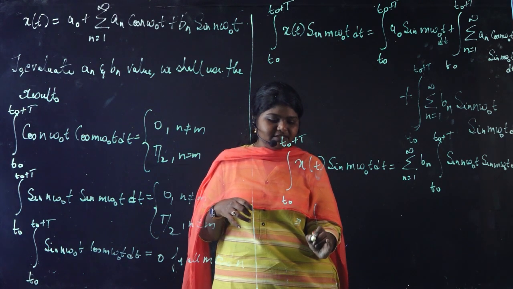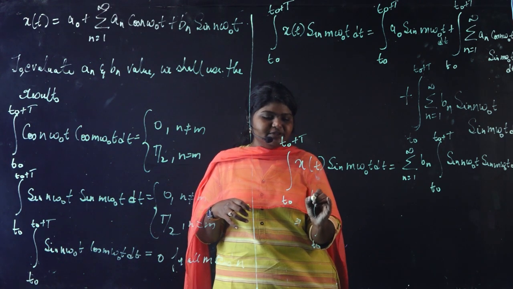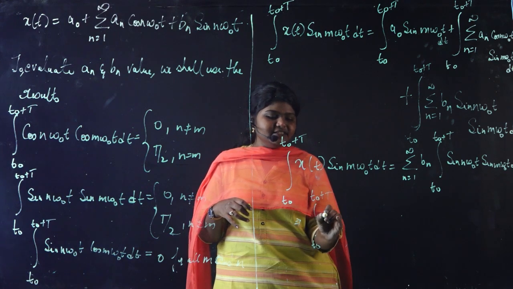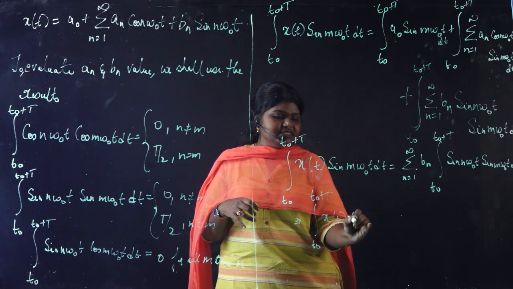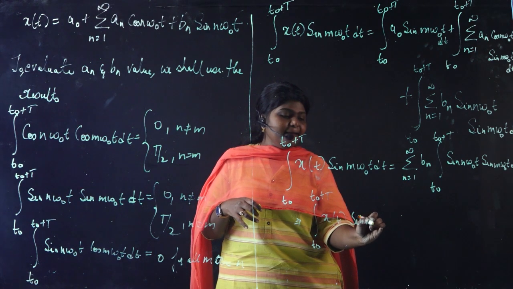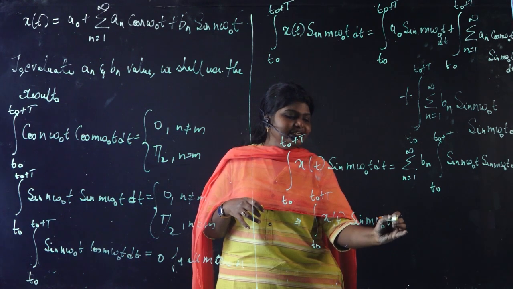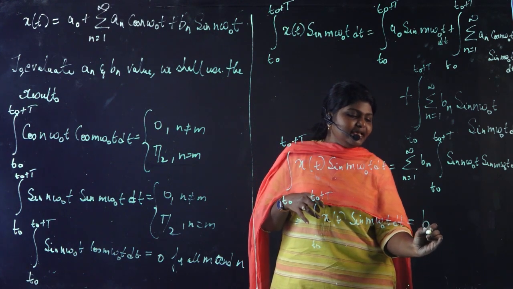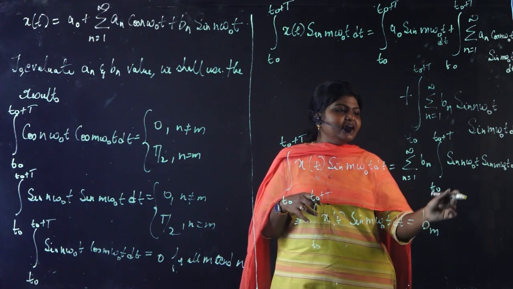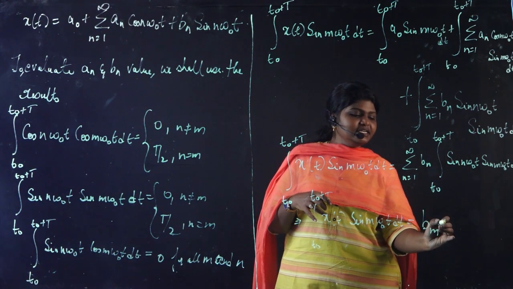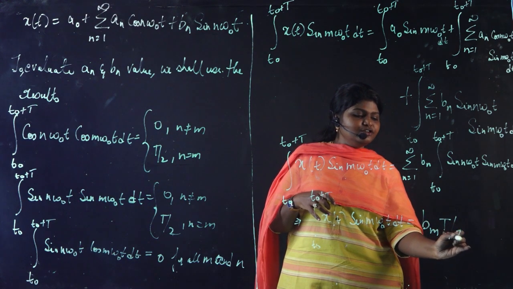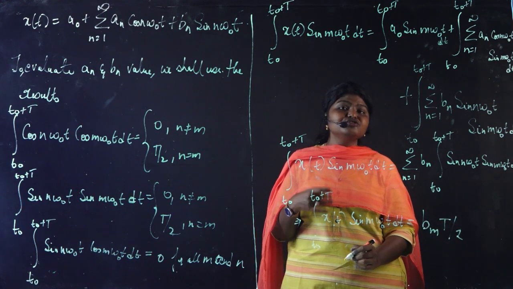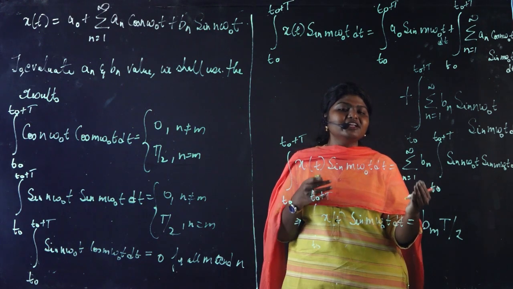Then the integral over the period of x of t into sine m omega naught t dt will equal b m times T by 2, because n equals m. So we are replacing the n value with m.